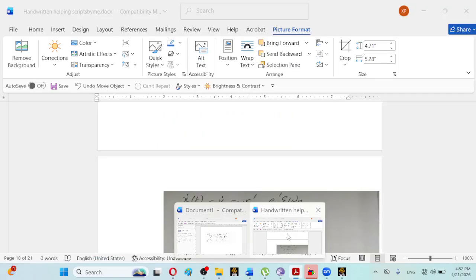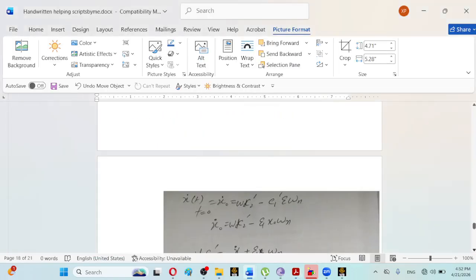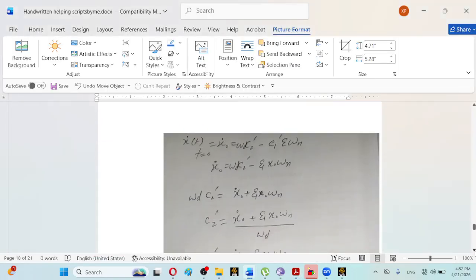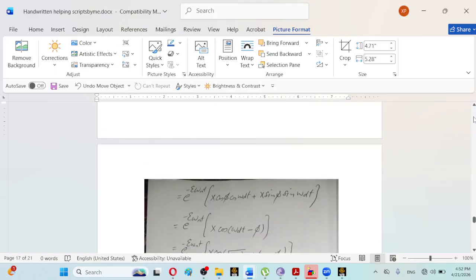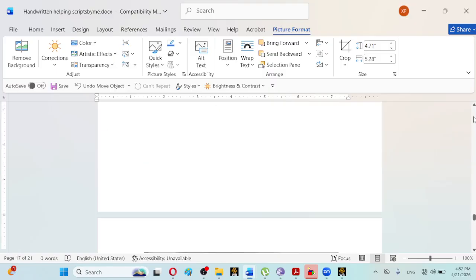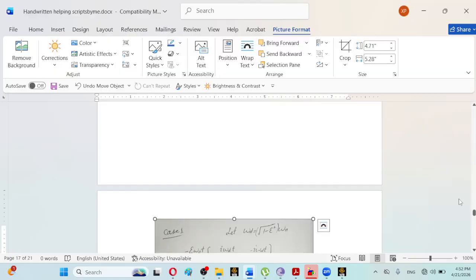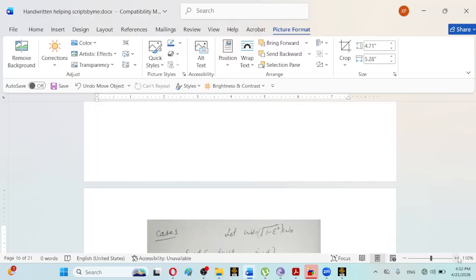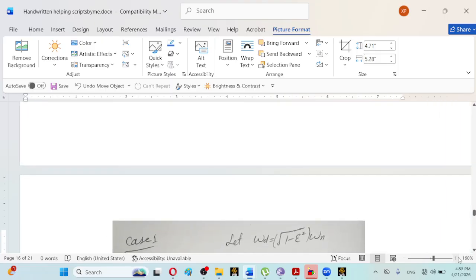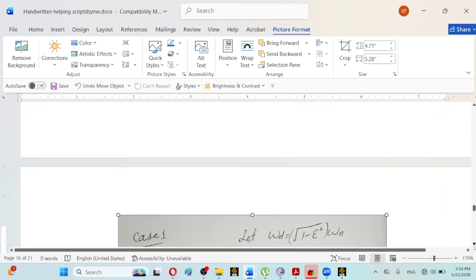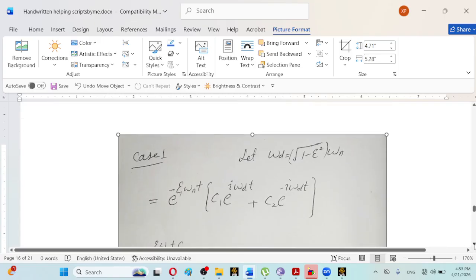as I can show you here. So I have solved case 1 here with details.